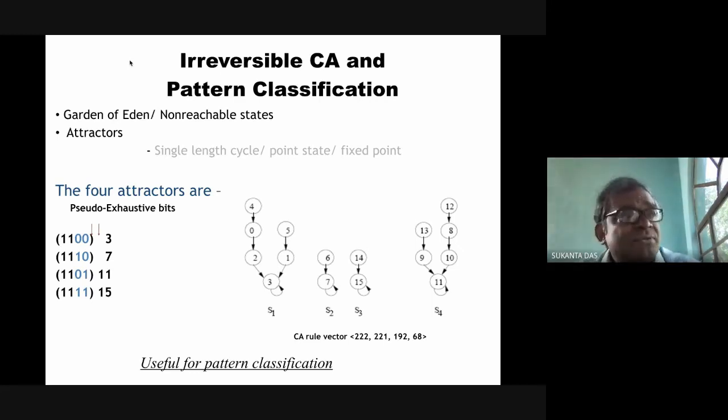Apart from pattern classification and recognition, another important application is cryptography. I shall not cover cryptography today, and I shall not cover cryptography anymore actually. Cellular automata are also used in image processing. For image processing, many researchers have used automata, and for compression by hardware.